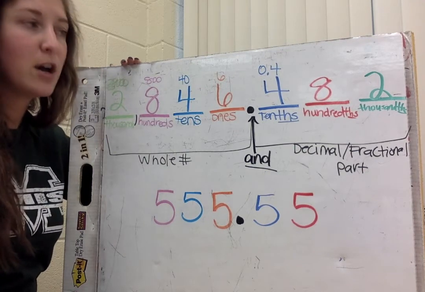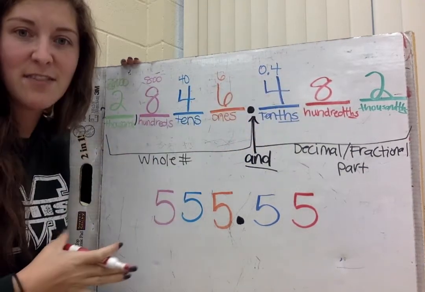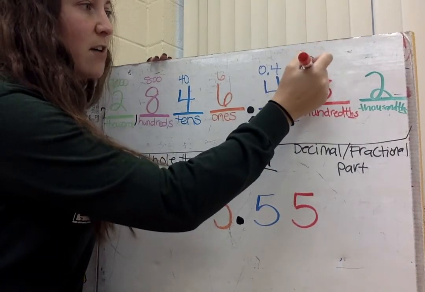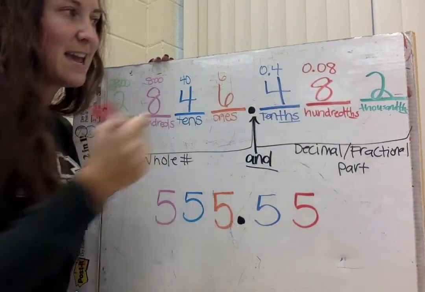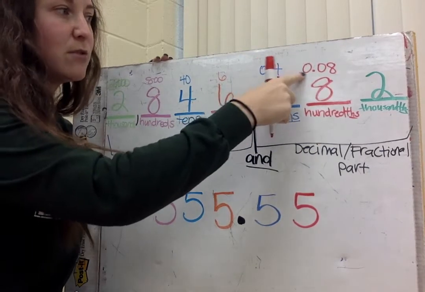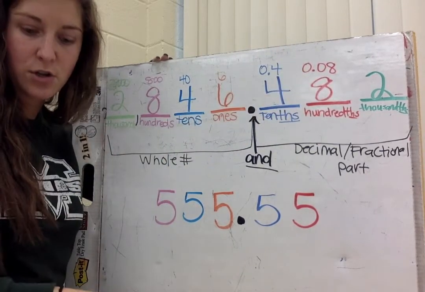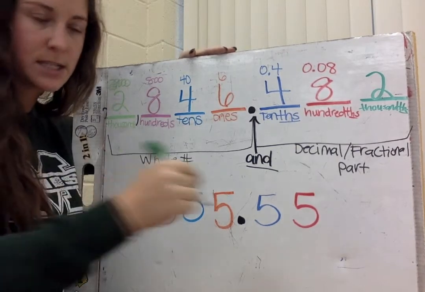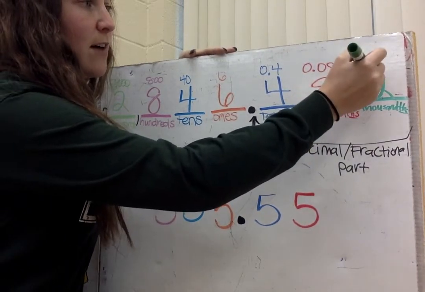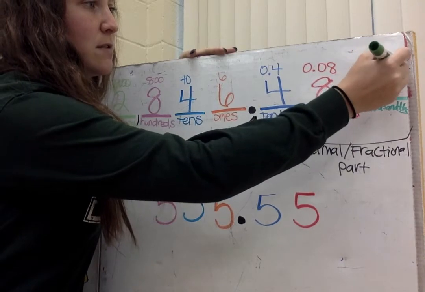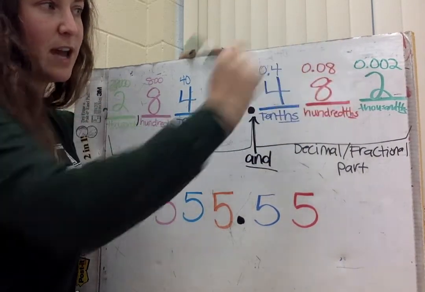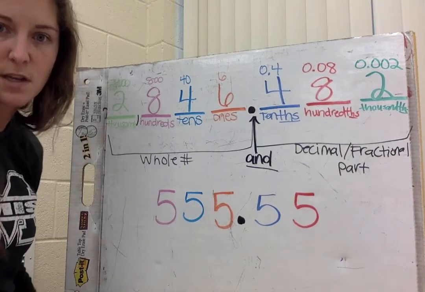Then I have my hundredths, and I have the 8 in the hundredths place. That is going to have a value of 8 hundredths, 0 and 8 hundredths. Last but not least, the 2 in the thousandths place would have a value of 2 thousandths, and that would look just like that, 0 and 2 thousandths.